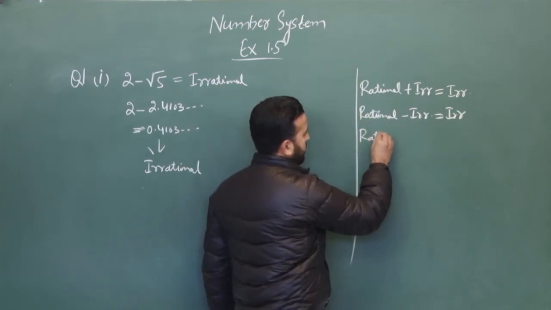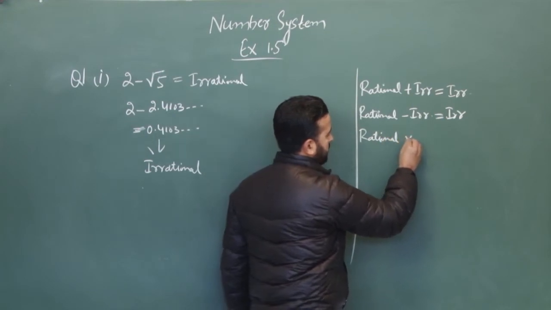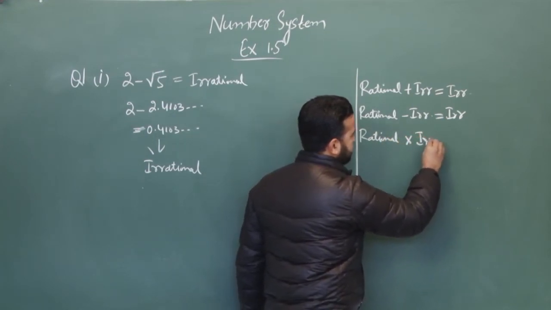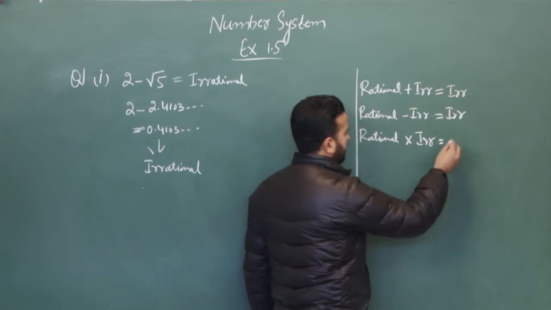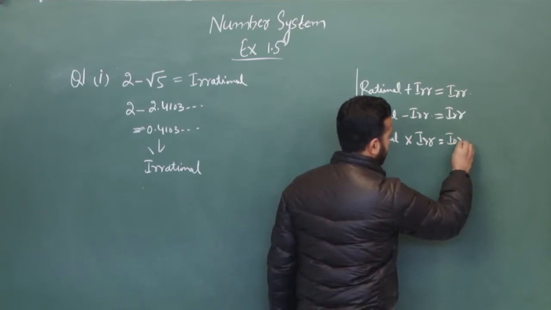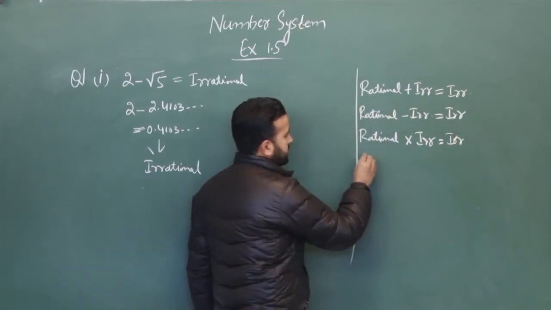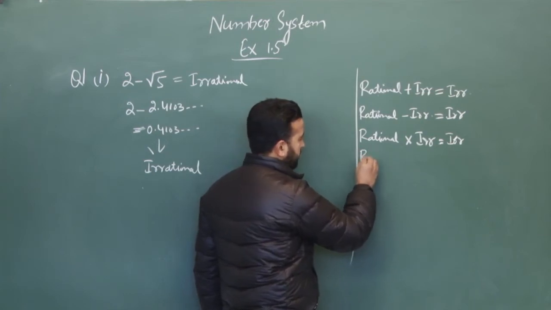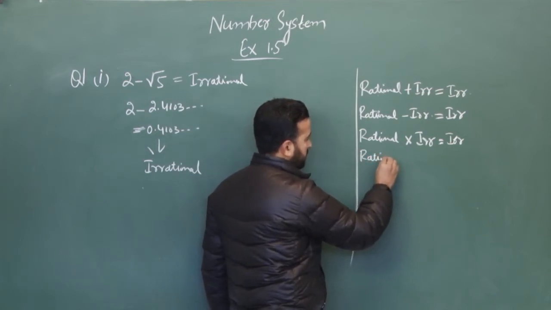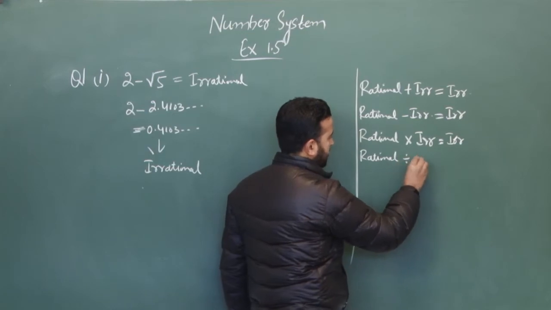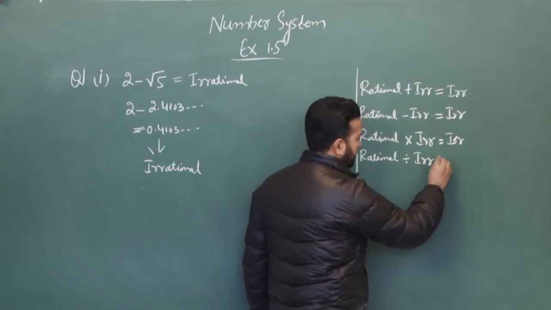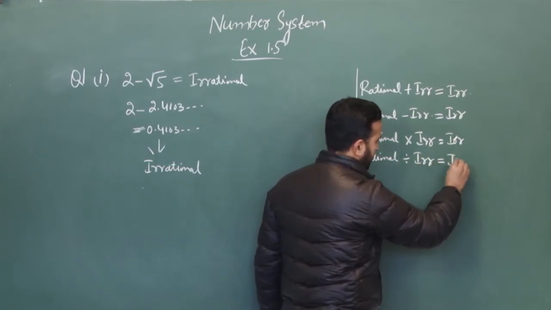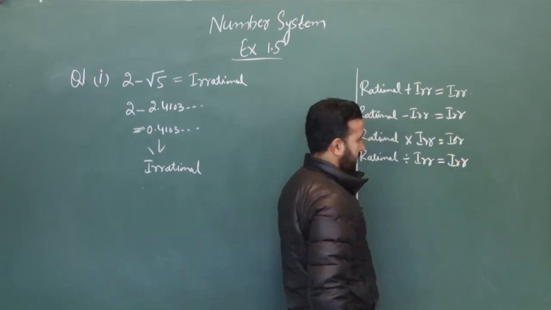Similarly, if we use the multiplication operation between the rational and the irrational, it will again give us an irrational number. Similarly, if we use the division operation, rational divided by irrational, this will also give the resultant number as an irrational number.